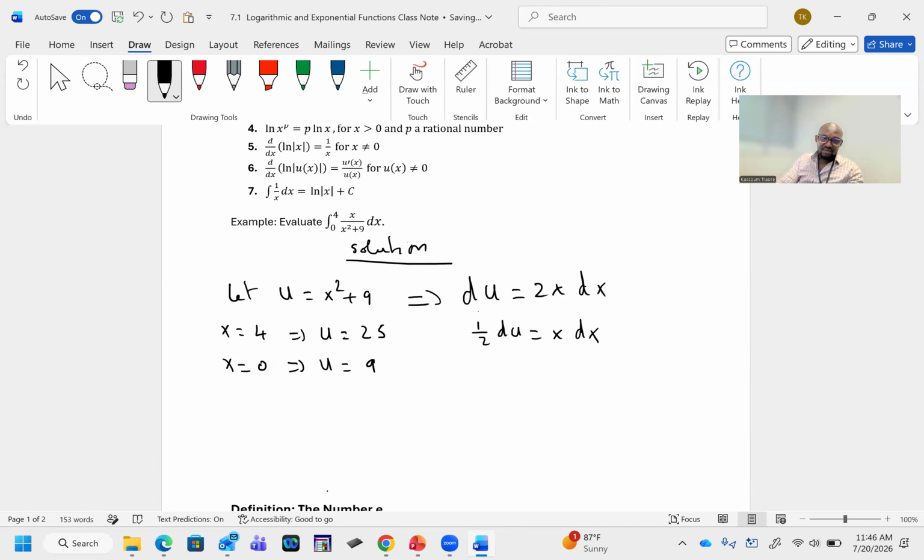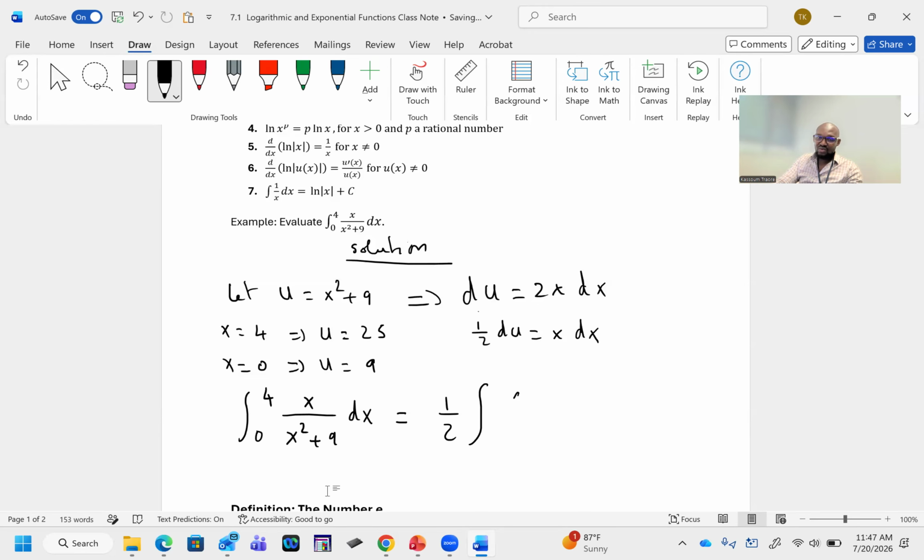I would say my integral from 0 to 4 of x divided by x squared plus 9 dx is exactly the same thing as 1/2. This 1/2, I will take it out, right? x dx is what? du now, right? Because I already took this 1/2 because it's a constant.